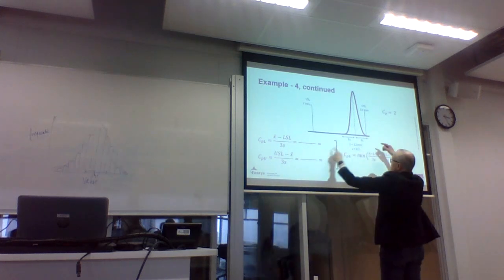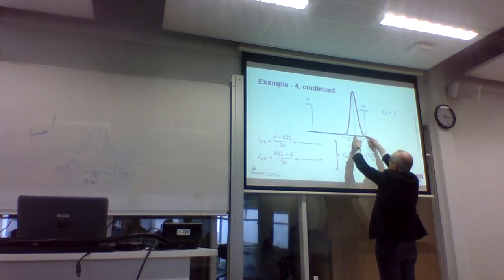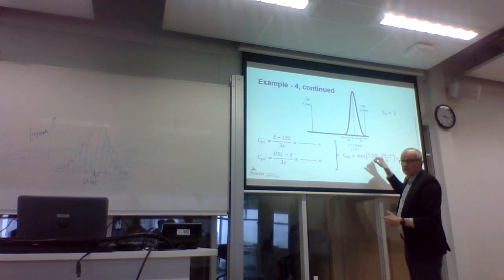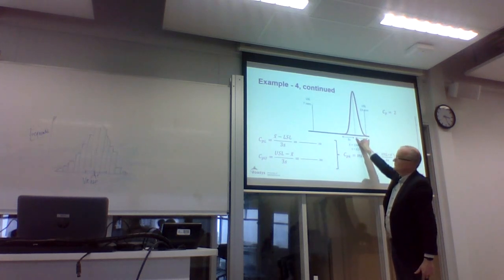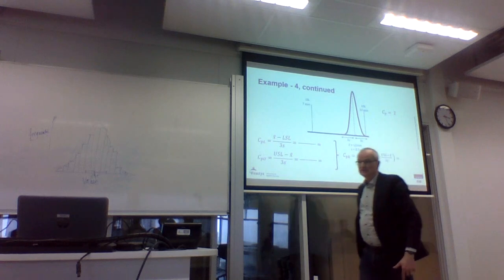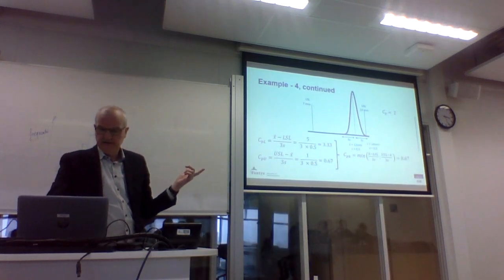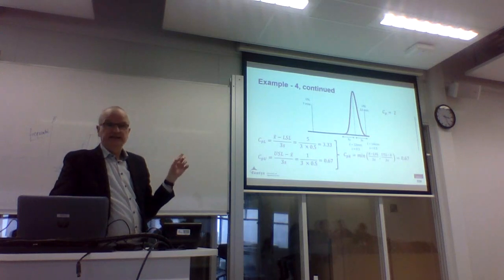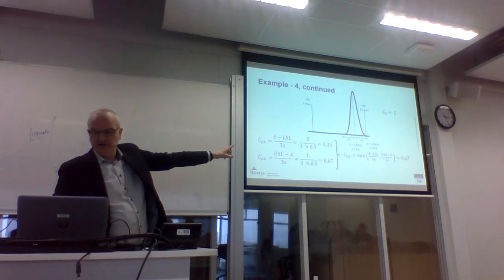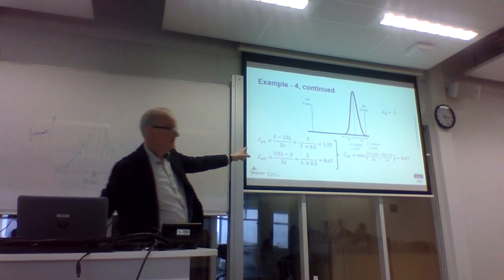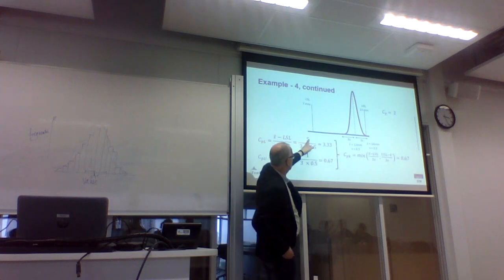But you can also do it on the right-hand side. This is the area which I have available on the upper limit, and this is 3S. So let's fill in these numbers. If my X average is 12 millimeters and my LSL is 7 millimeters, X average minus LSL is 5.